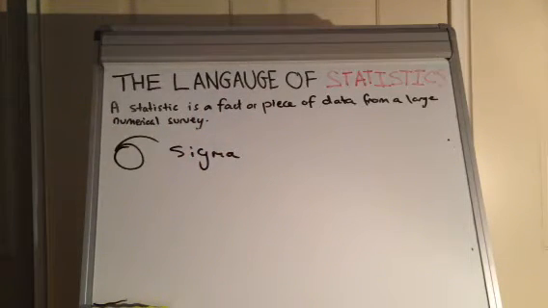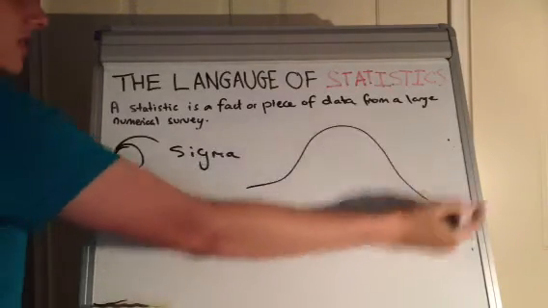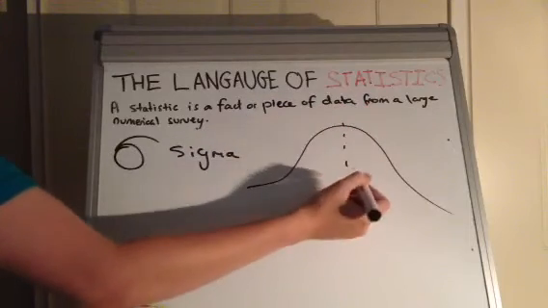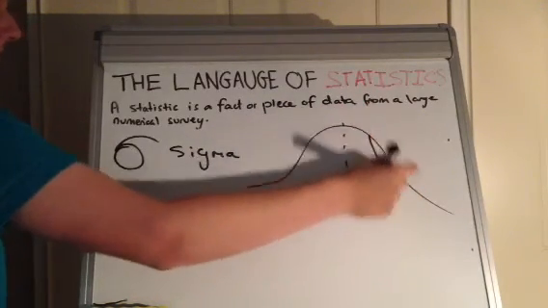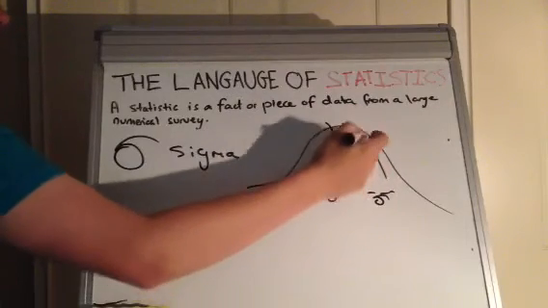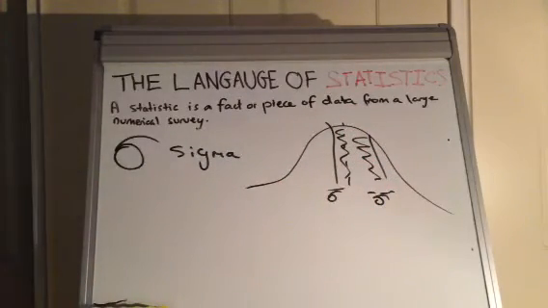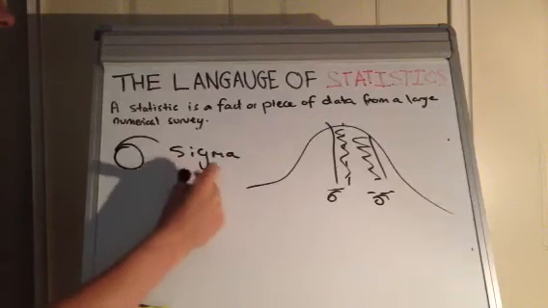So this symbol actually represents standard deviation, and I won't go into that too much, but generally we have a distribution in statistics, which I'll go through in a later video, and a standard deviation represents a certain amount of the population that fits in there. It gives us an example of the spread of values.